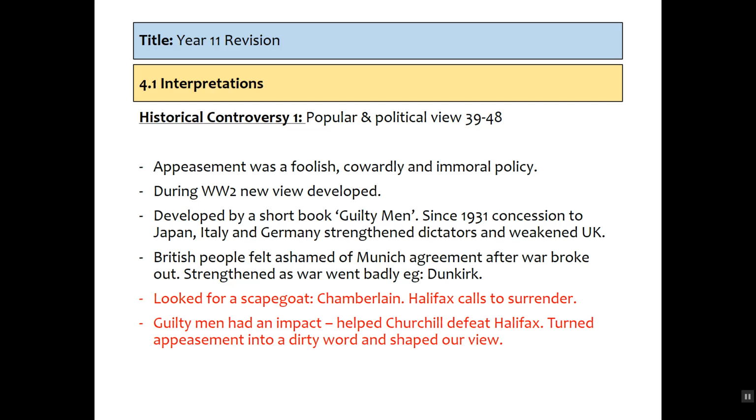Now at this point, it allowed Winston Churchill to defeat Halifax. Halifax was calling for surrender to Germany, and Churchill wanted to continue. So it had a clear impact. It made appeasement into a dirty word, and it kind of shapes our future view of appeasement.